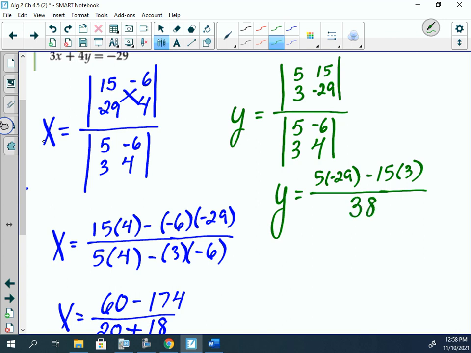Negative 6 times 3. Didn't we already do that? What's the determinant for x on bottom? The exact same. If we've already done it once, we don't have to redo it again. We can just write 38.